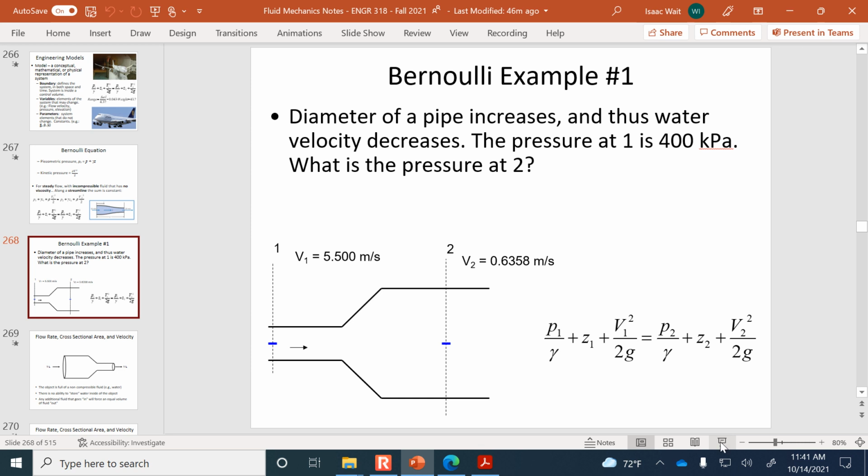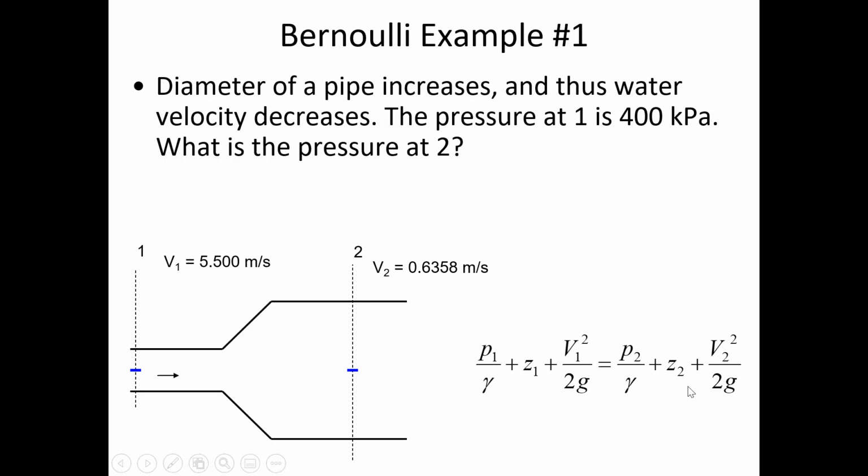All right, so before we actually put the numbers into the equation, it may be useful for us to consider what we expect directionally to occur. That is useful when you calculate your final answer to have an idea of whether it's reasonable. You always want to know if your data is passing the reasonableness check. Okay, so the pressure at 1 is 400, and that was where the velocity was fast.